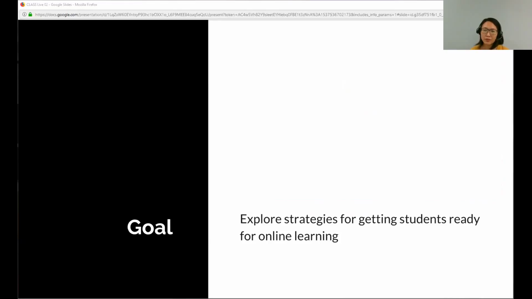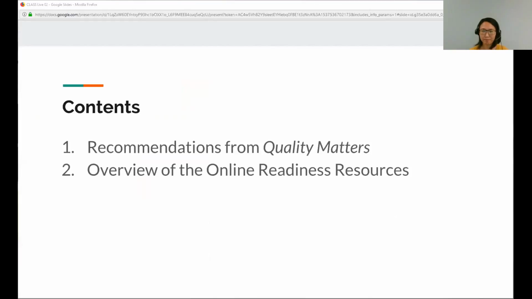Now, the goal for this session today is to explore some strategies for getting students ready for online learning. What we'll cover today is some recommendations from something called Quality Matters, and then we'll do an overview of the OET online readiness resources.